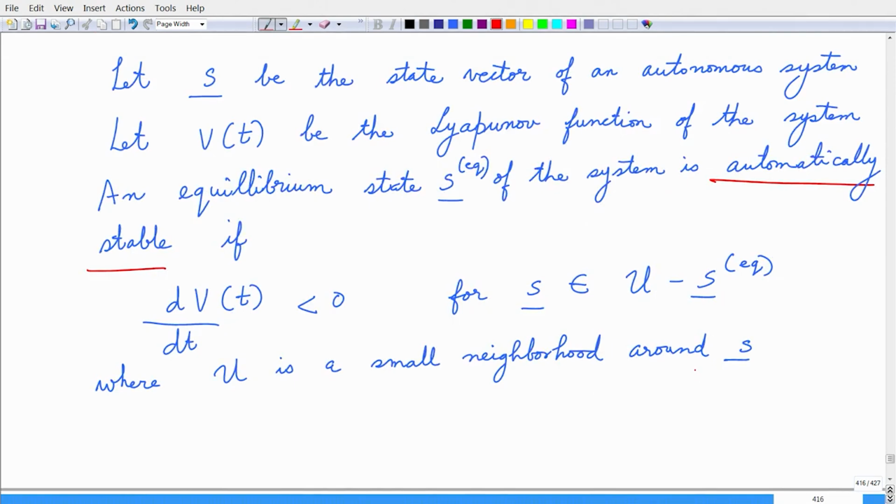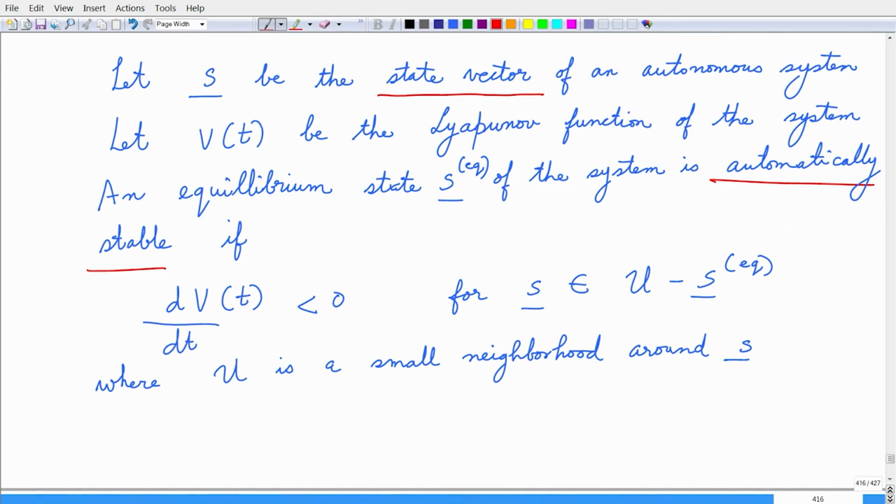Now, let us start with some basics of these nonlinear dynamic systems related to Lyapunov functions and the functional form that we need for this particular example. Let S be the state vector of a nonlinear autonomous system, and let V(t) be the Lyapunov function of the system.